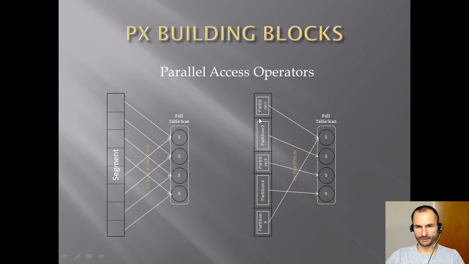As I indicate with this picture here, for example, with partitions, you might have the issue that the partitions are not of the same size, and then you might have an imbalance between the different parallel slaves.